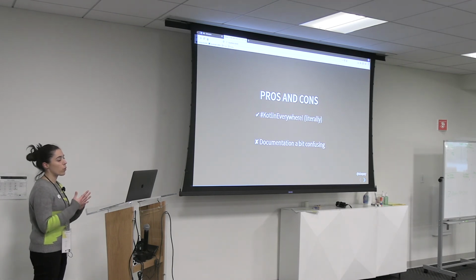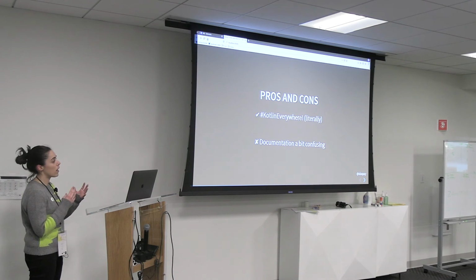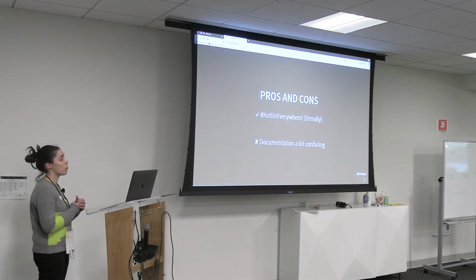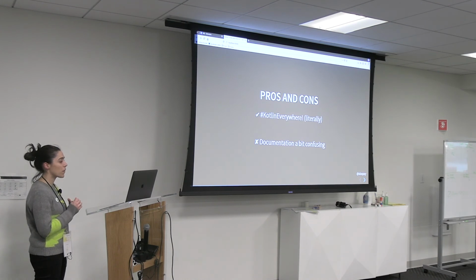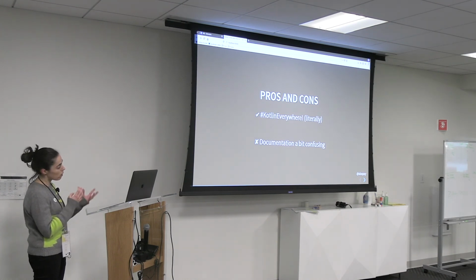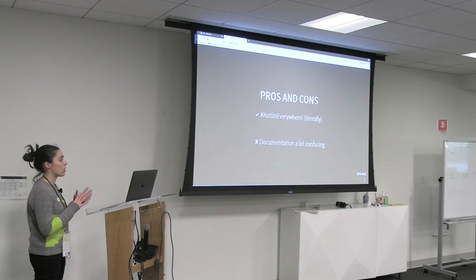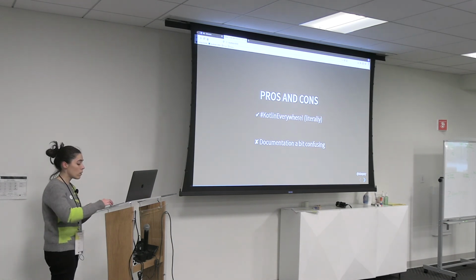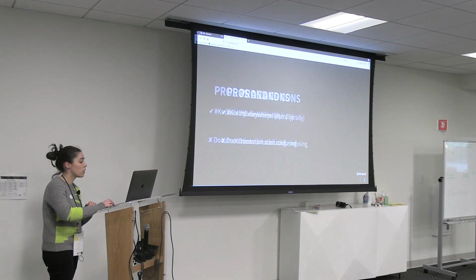I don't know if it's the wording or that maybe I was looking for more examples. I couldn't really learn Ktor just from the documentation. I had to look somewhere else. But that was just me.